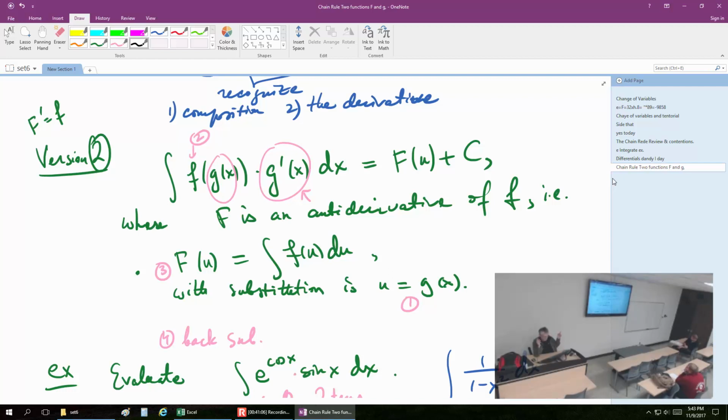Okay, so once again, notice that we integrate our function f, and now imagine for a moment that our function g is linear. If g of x is equal to mx plus b, then g prime is simply m. So it does not add anything but a number.